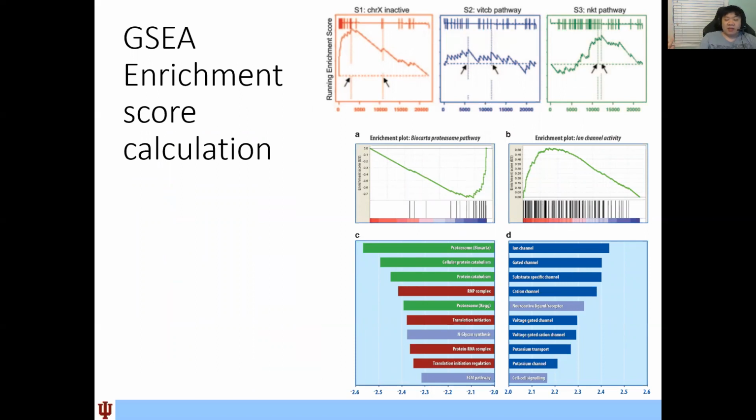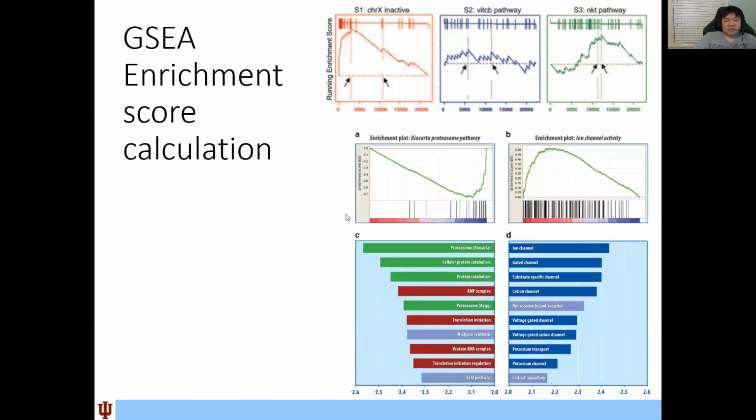Then see how many times the ES score from the randomly drawn pathway with the same size is above or below the observed ES score, which can derive a p-value.